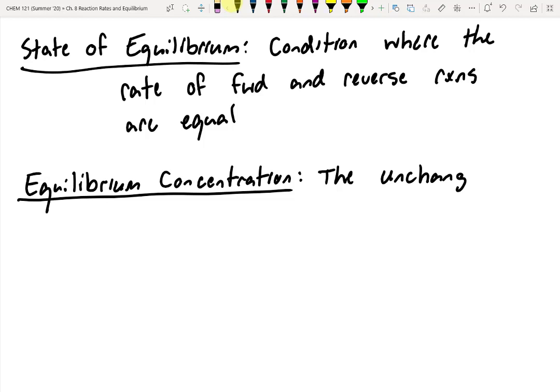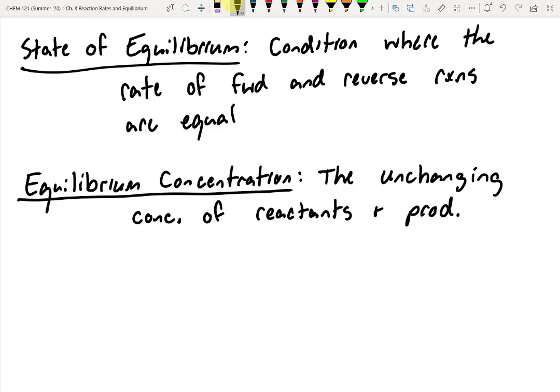There's still forward and reverse reactions going on, but the net change is zero, right? So the concentration isn't going to be affected. So it's the unchanging concentration of reactants and products in a reaction at equilibrium.